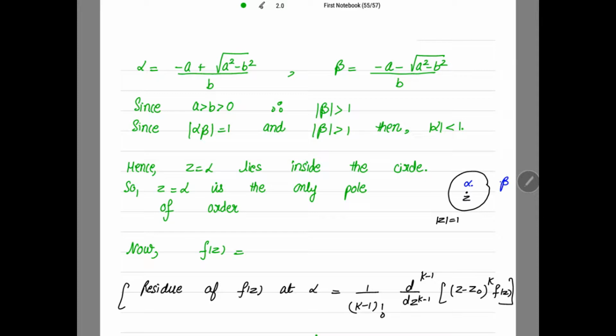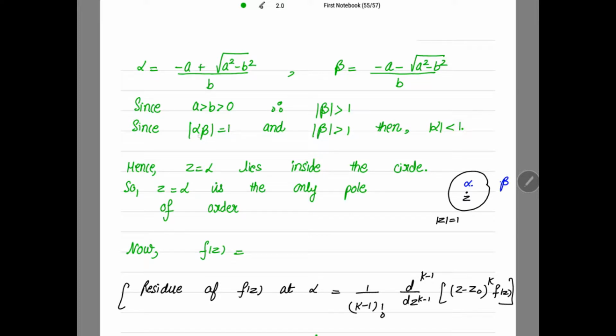Now you have to check whether these poles lie outside the circle or inside the circle. For that you need to check the mod of the poles, right? Since a is greater than b greater than 0, if you check mod of beta, then this comes out to be greater than 1, right?